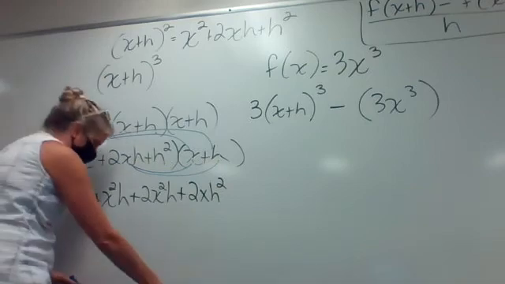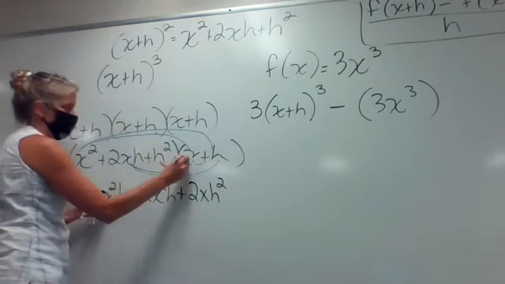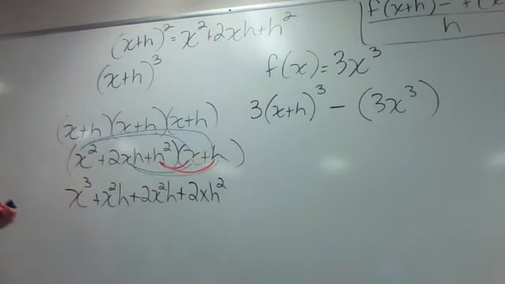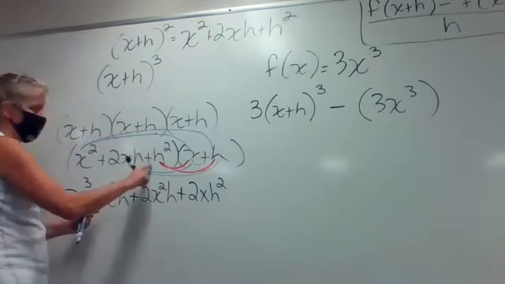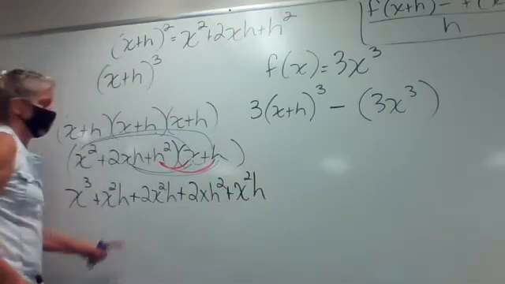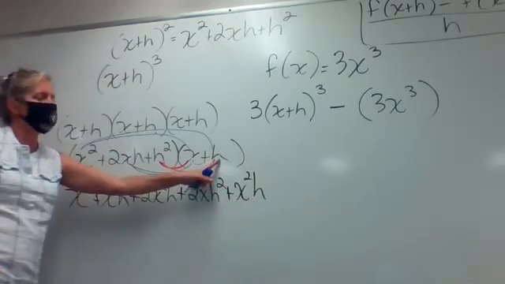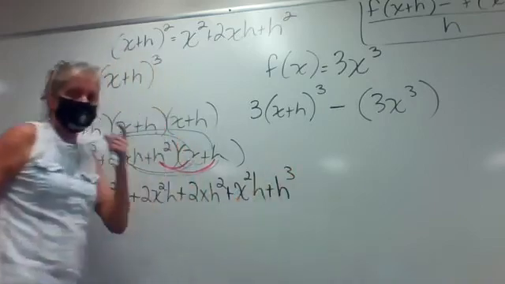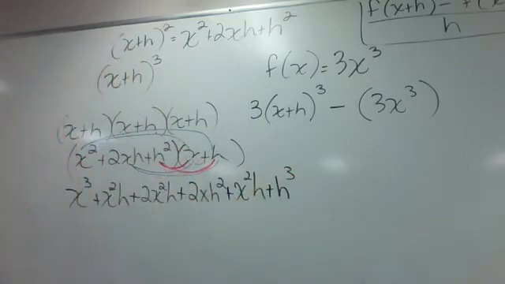Now the only thing I have left to do is distribute this h squared to both of those. So let's see, h squared times x is just that, x squared h. H squared times another h gives me h to the third. Now, let's clean it up. There are like terms.